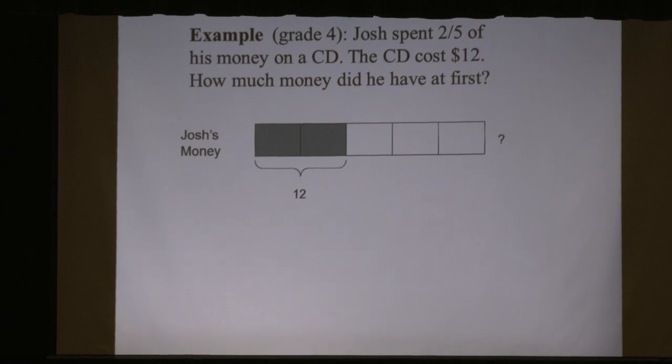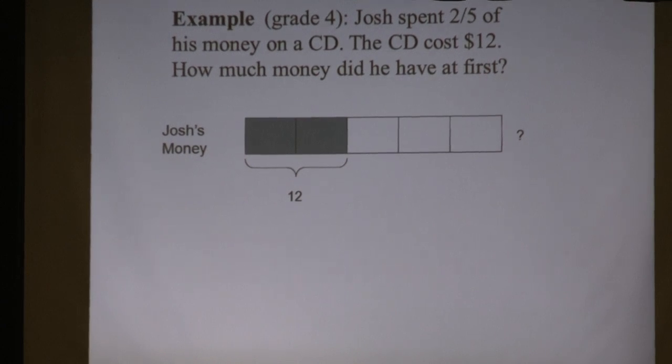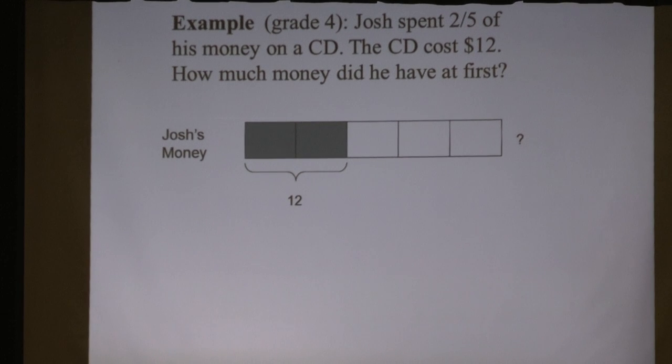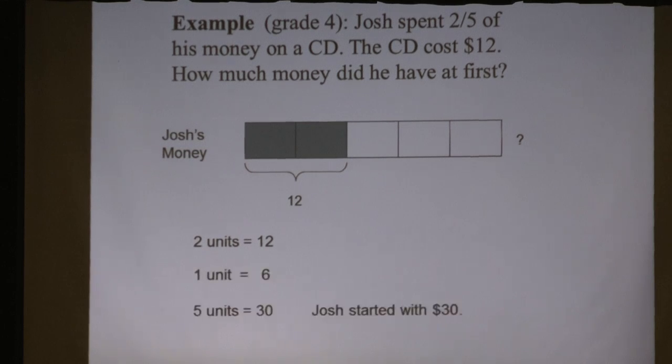Got that? Now the child in 4th grade might very well just start putting 6s in the boxes, because that's the more concrete way of approaching it. I, as their teacher, would move them toward writing a sequence with what I refer to as unit sentences. I would try to get them to write 2 units as 12, 1 unit as 6, and so on.